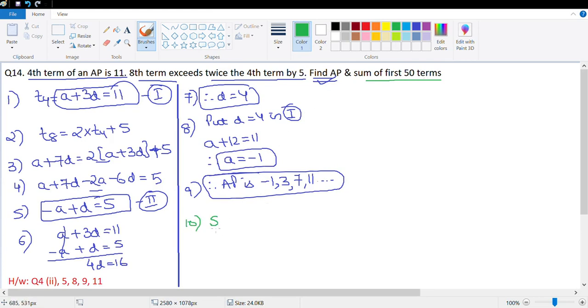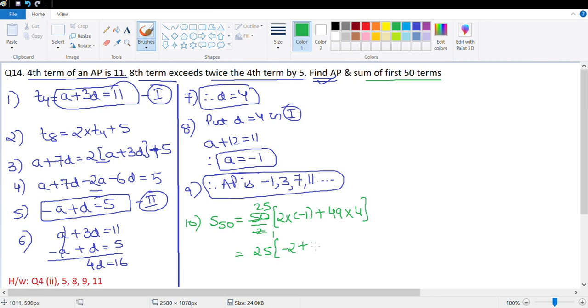So sum of first 50 terms will be equal to n upon 2, in this case 50 upon 2, 2 times a, 2 times negative 1 plus n minus 1, that's 50 minus 1, 49 times d, d is 4. This is 2, 1, 2, 25. So this is 25 times negative 2 plus 49 into 4, that's 196.